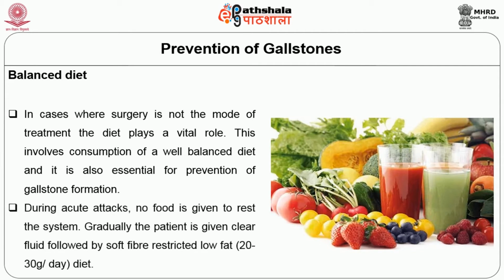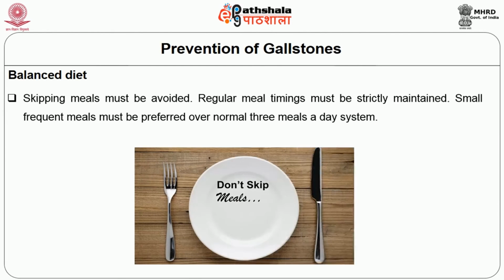During acute attacks, no food is given to rest the system. Gradually, the patient is given clear fluid followed by a soft, fiber restricted, low-fat diet. Skipping meals must be avoided. Regular meal timings must be strictly maintained. Small frequent meals must be preferred over the normal three meals a day system.